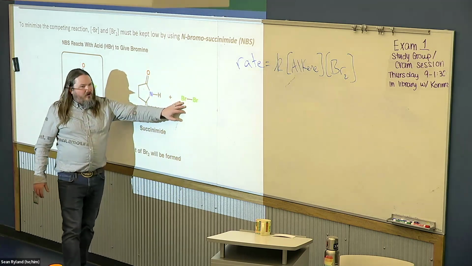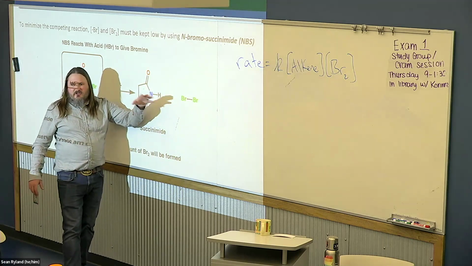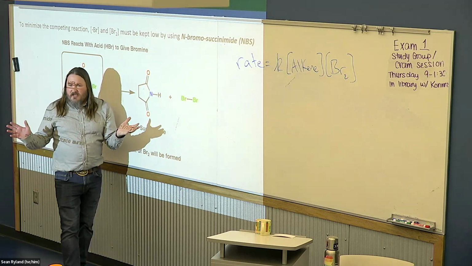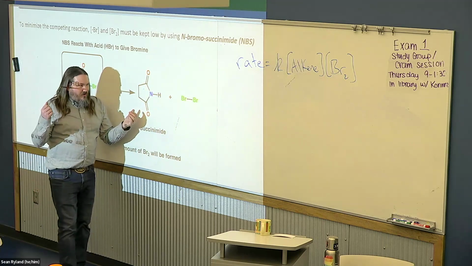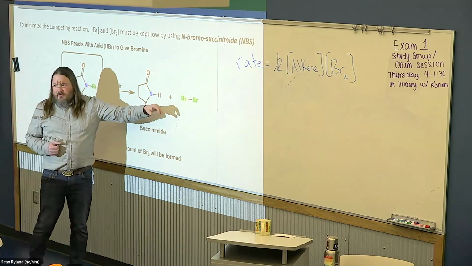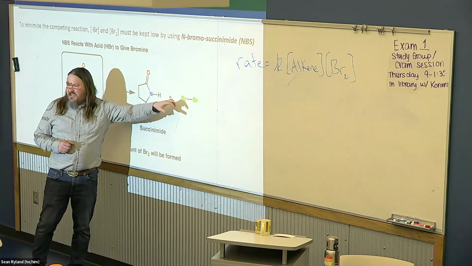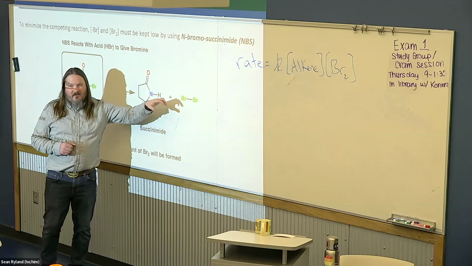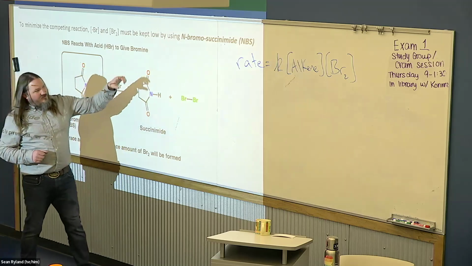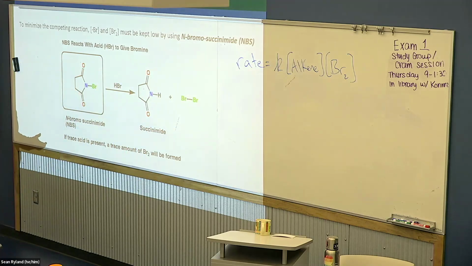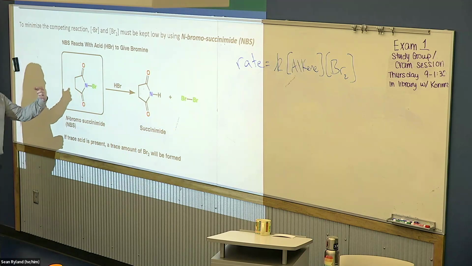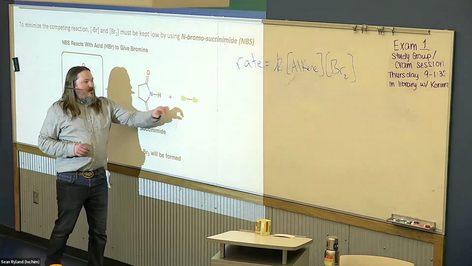If you shine light on just pure liquid bromine, it'll happen as well. You'll still make bromine radicals, but you can't turn all of your liquid bromine into radicals simultaneously while the reaction's happening. Basically, this process allows us to, as soon as we make the bromine, turn it into bromine radicals, as long as we're shining light on it constantly, because we're at such a small concentration.